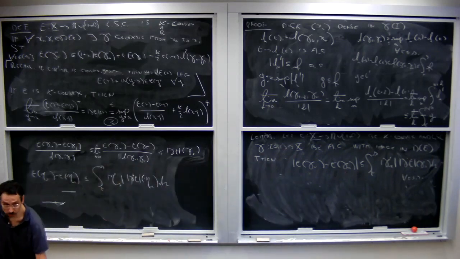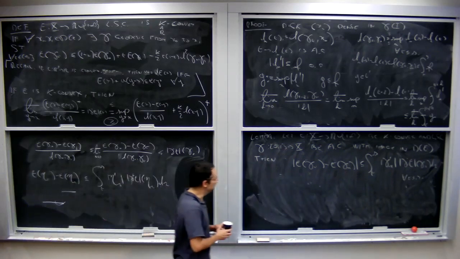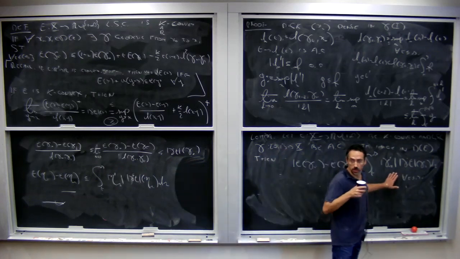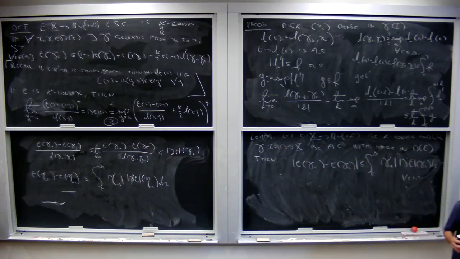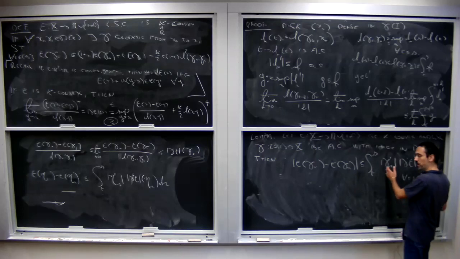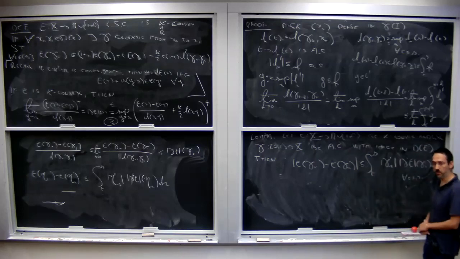I notice that I'm not stating that this quantity is in L1. It can be plus infinity, and of course, if the integral is plus infinity, I'm only happy, because it's certainly greater or equal than the left-hand side. However, if this function is L1, then I can bound the difference.